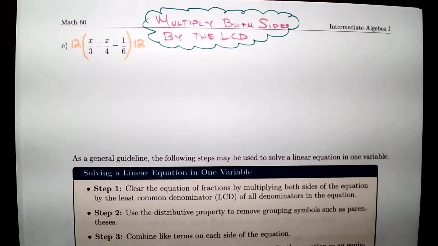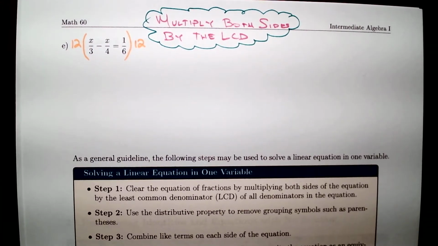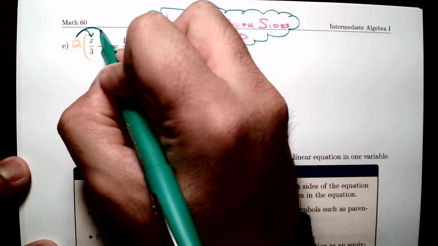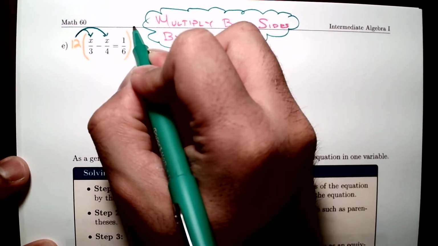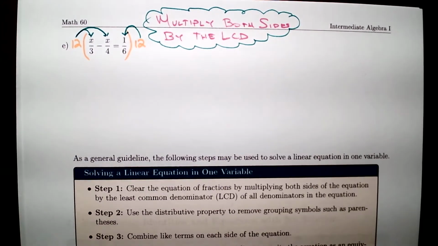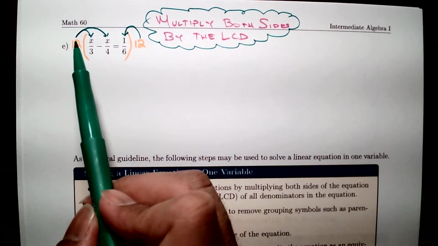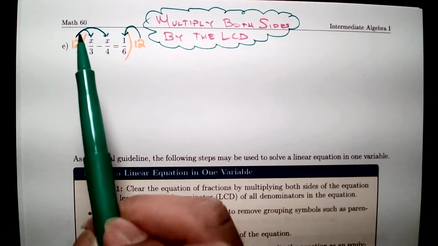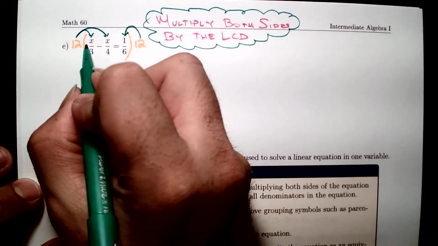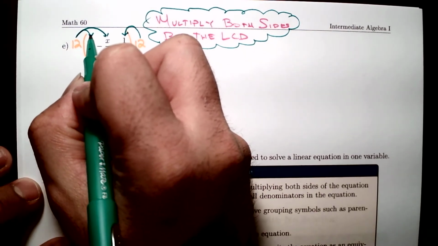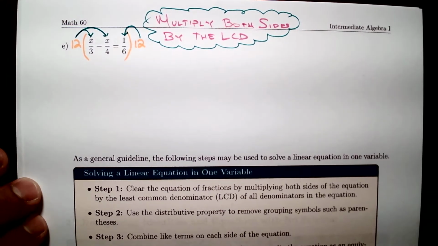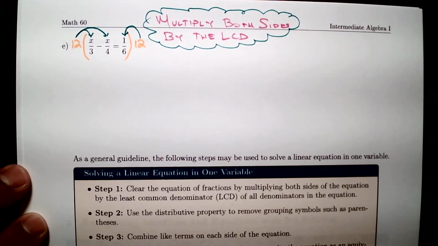All right. How are we going to deal with this? Number one, we are going to distribute this 12 over every single term. Now be careful, because every time you multiply an integer by a fraction, this integer will only multiply with the numerator of each term, not the denominator. I will show you how that is going to be done.